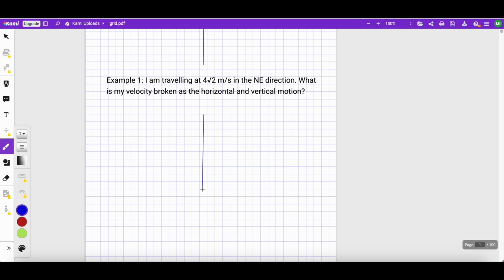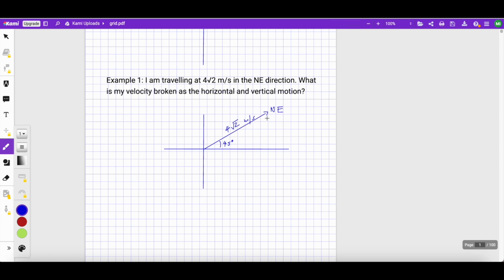Northeast direction, so it's going to be somewhere around here. If it's perfectly northeast, then I know my angle here is 45 degrees, and my velocity is 4√2 meters per second.